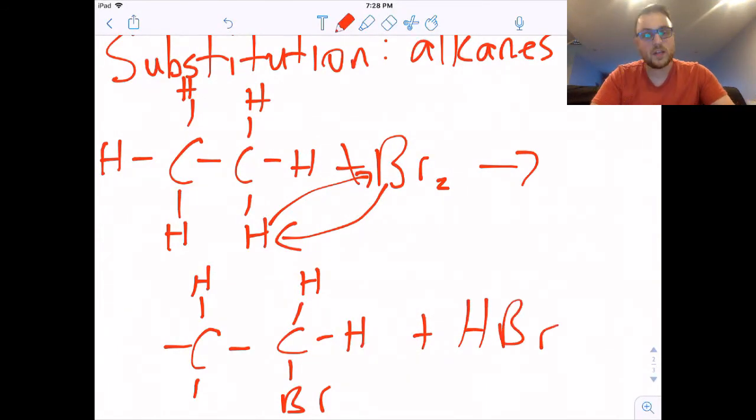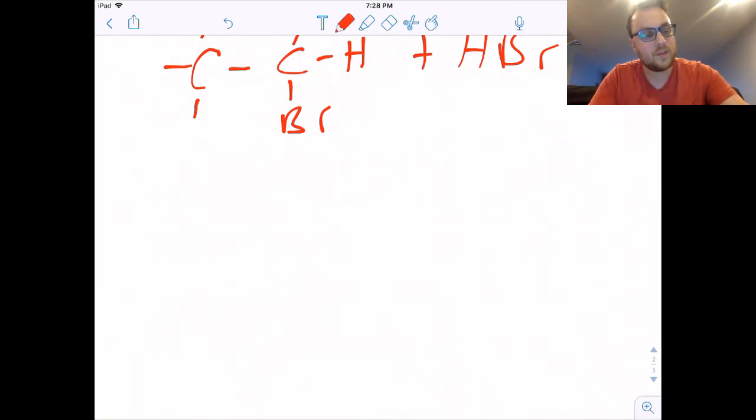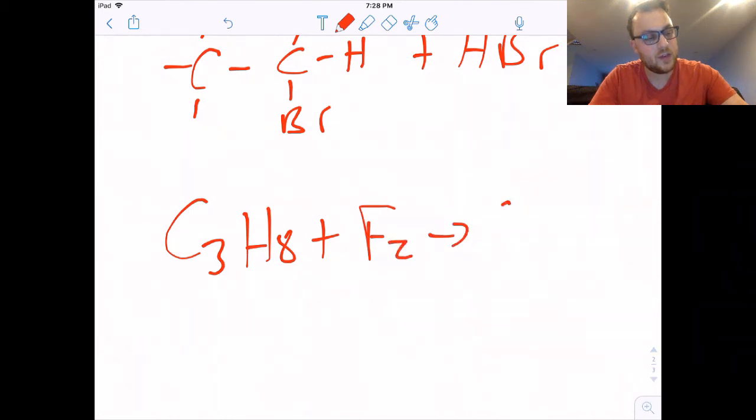So that's HBr. And a lot of these substitution and addition reactions, not only do you just need to know they're organic reactions, but you just need to be able to recognize. If you see a picture of this reaction occurring, you need to be able to say, that's substitution. Or if it's condensed, like C3H8 plus, let's do F2, you'll get C3H7F plus HF.